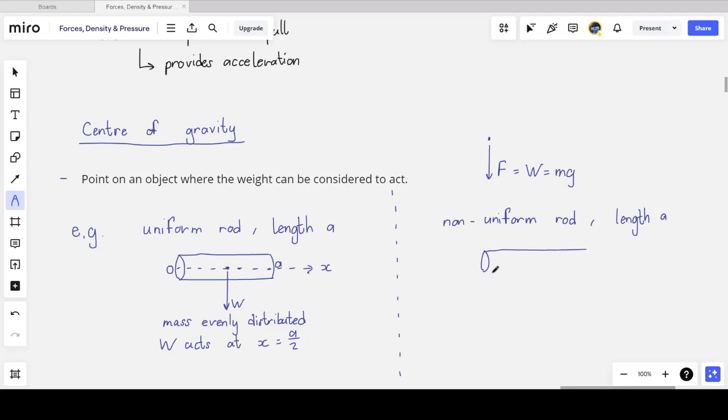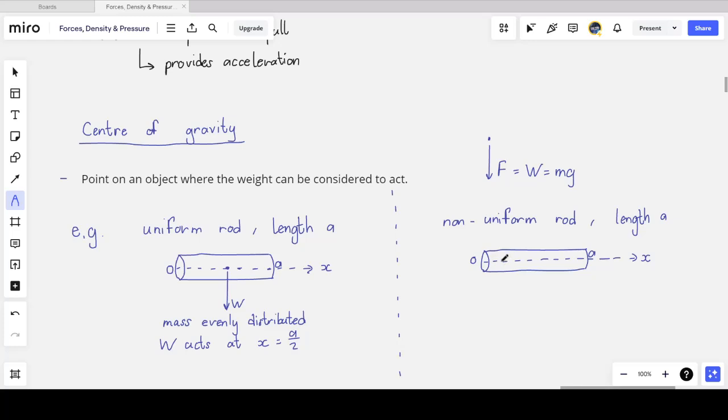I lay it horizontally so that its central axis is again on the x-axis. I'm not drawing these to scale at all, but if it has a length a, then one end lies at x is equal to 0, the other end lies at x is equal to a.